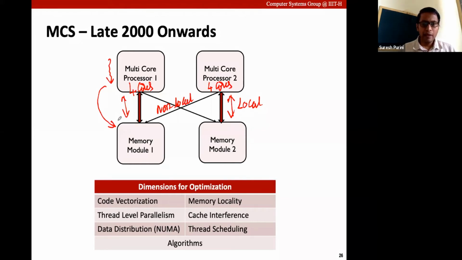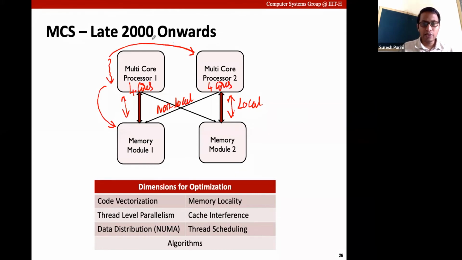But let's say you put in a lot of effort to make this happen. What can happen is the thread that is running here has its time slice over, and the operating system swaps it out. When it is scheduled in again, it is scheduled on the other processor.